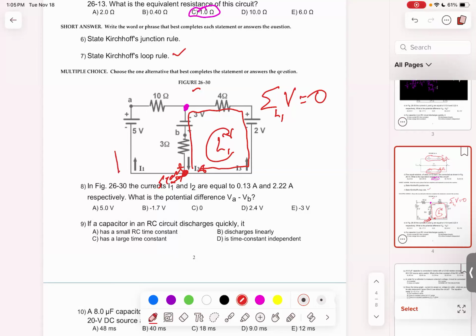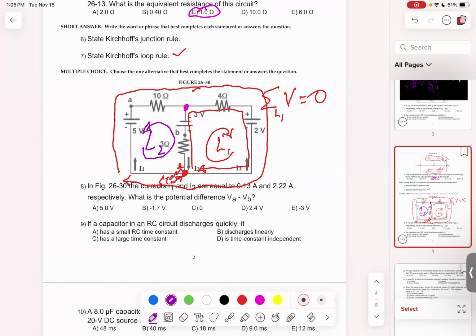You could also look at the total loop in this outer circuit component as well. You can look at this inner loop right in here, and you can pick whichever direction you want, clockwise or counterclockwise.